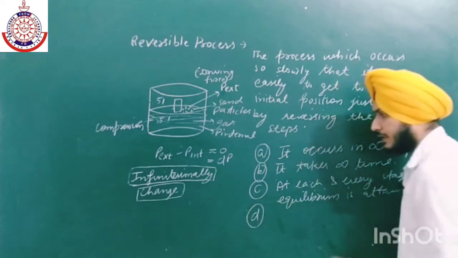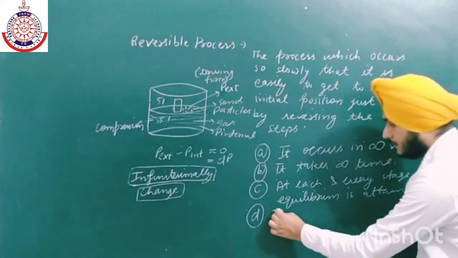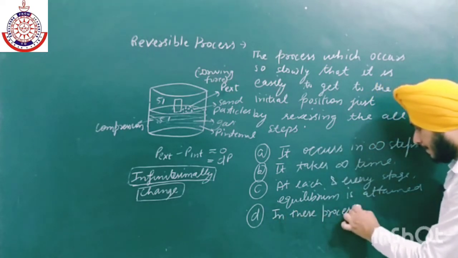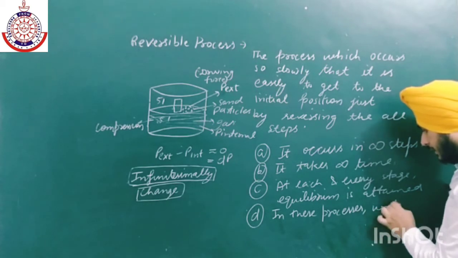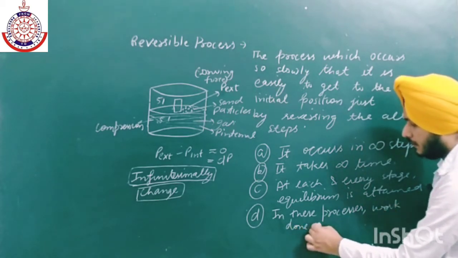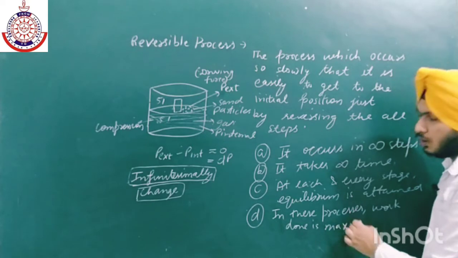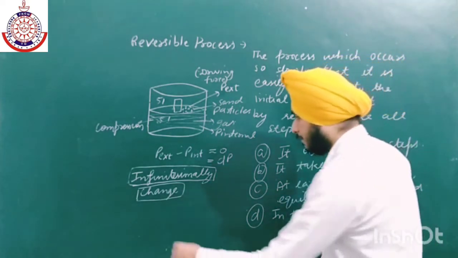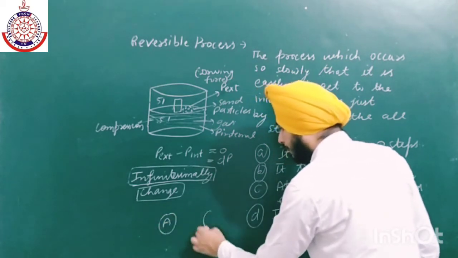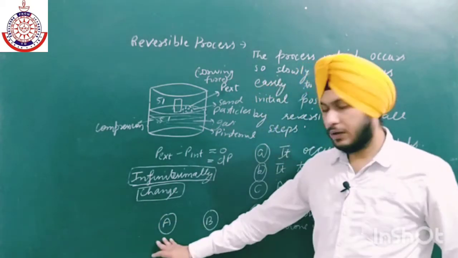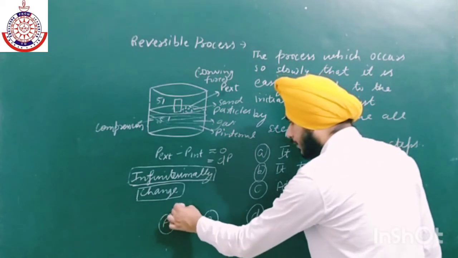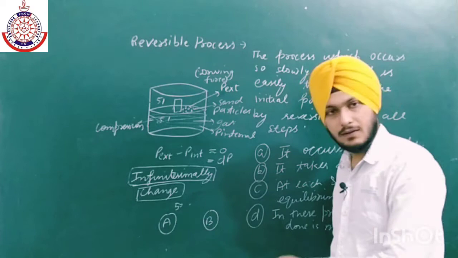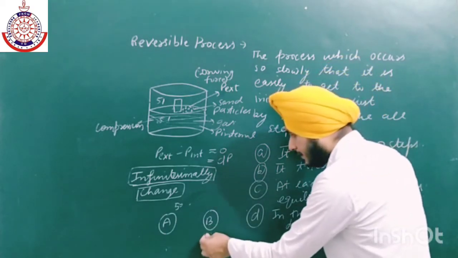The fourth point is that in these processes the work done is maximum. So in all reversible processes we will get the maximum work. Why? For example, if we have two bodies A and B, and body A is applying 50 newtons of force, suppose it is applying 50 amount of pressure and B is applying 49.